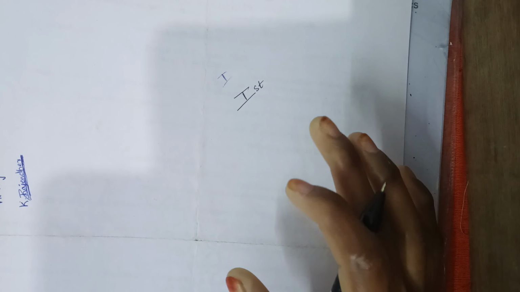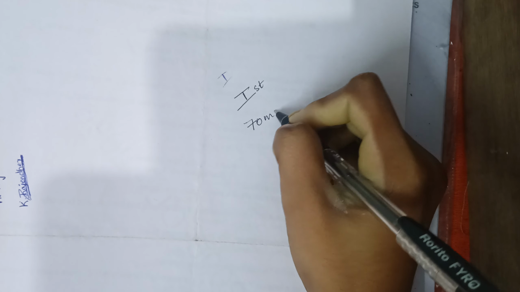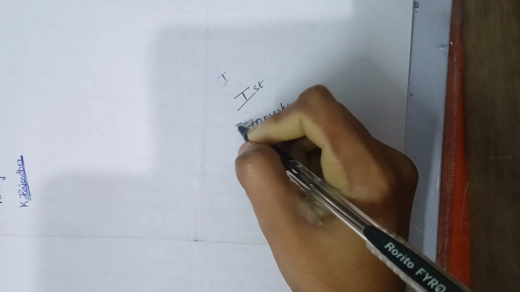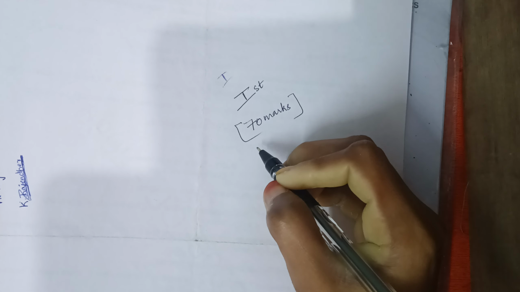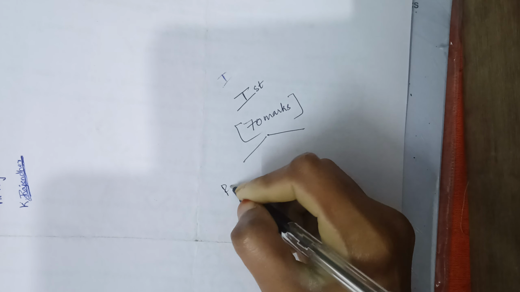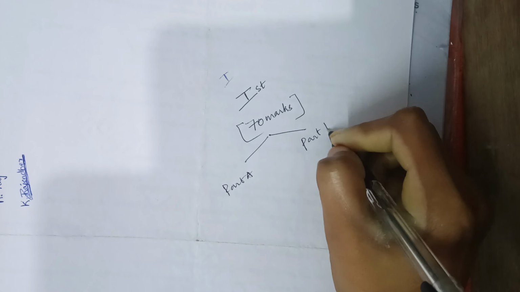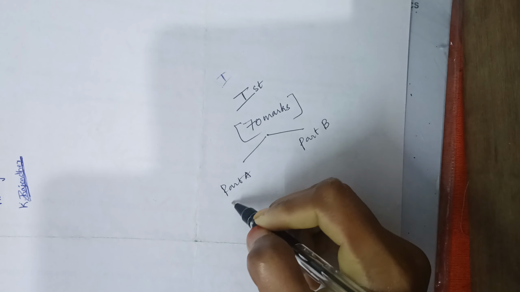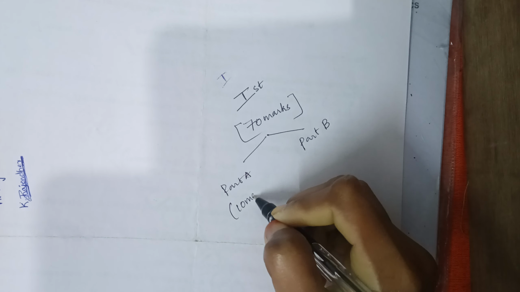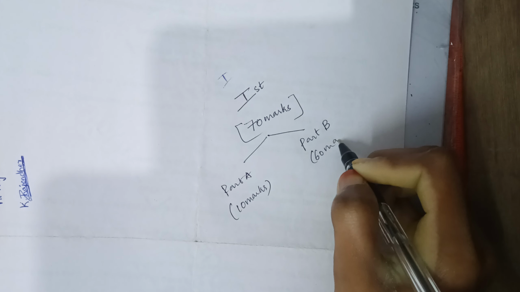So the question paper is of 70 marks in total, and these 70 marks are divided into two parts, that is part A and part B. Part A is of 10 marks and part B is of 60 marks.